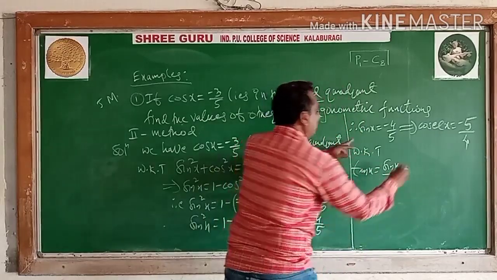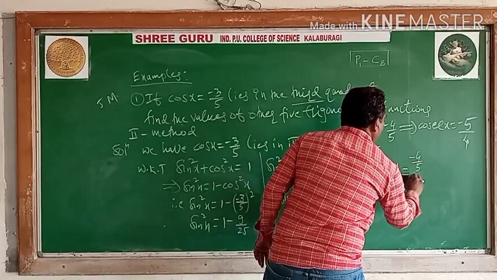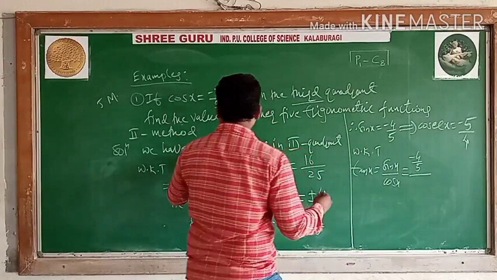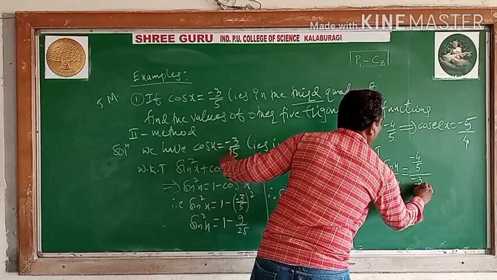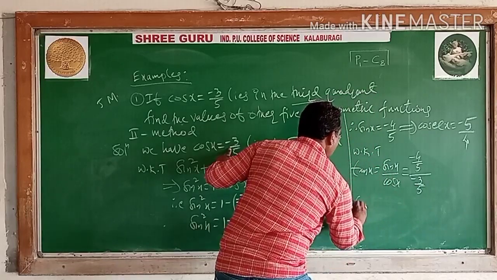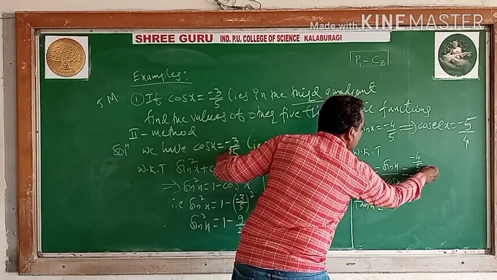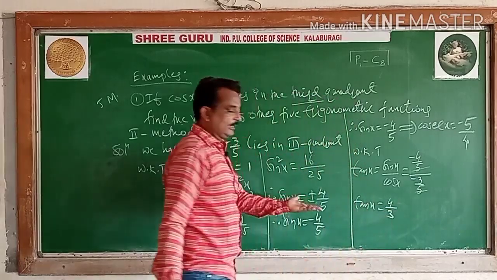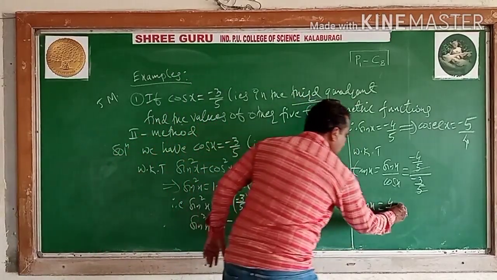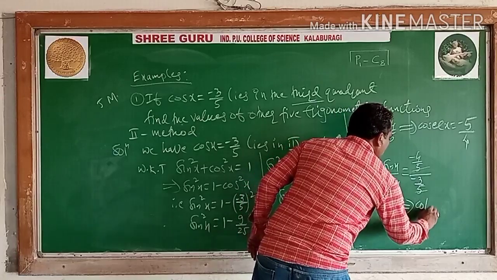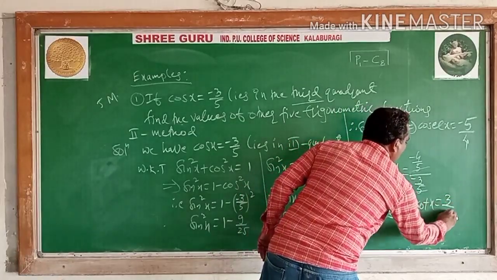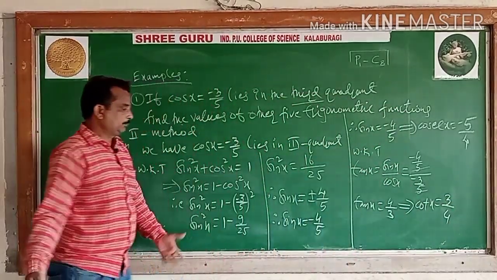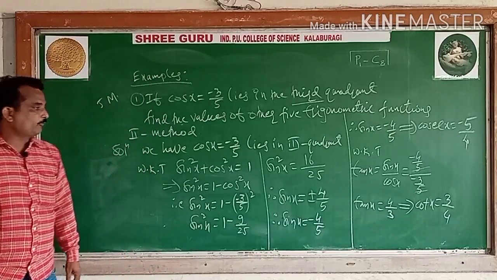Sin x is minus 4 by 5, cos x is minus 3 by 5. The 5 and 5 get cancelled. Minus by minus, which is in the third quadrant, tan x is 4 by 3. Then the reciprocal of tan x is 3 by 4.